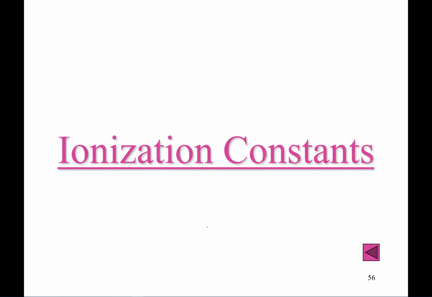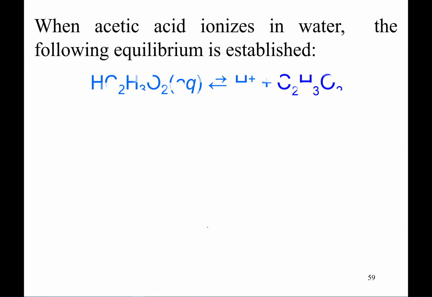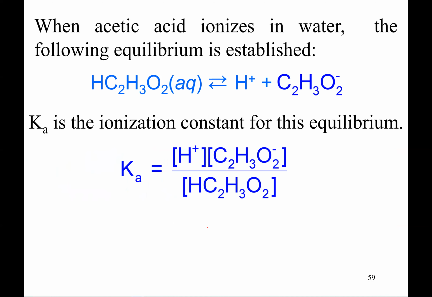Now, there are various other ionization constants, which are important to keep in mind too. Ka, with acetic acid ionizing water, you get the following equilibrium established. And this is related to the lab we did this week as well as last week. The Ka is the ionization constant for this.